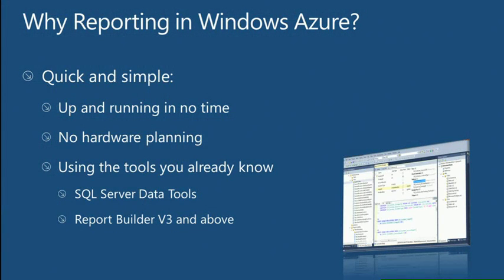Okay, so let's stop here for a moment and actually think about why you would use Windows reporting services on Windows Azure. This is an especially important question because, for those of you who went to Scott Guthrie's presentation, and I think it was also mentioned in the keynote, we announced that you can have infrastructure as a service.